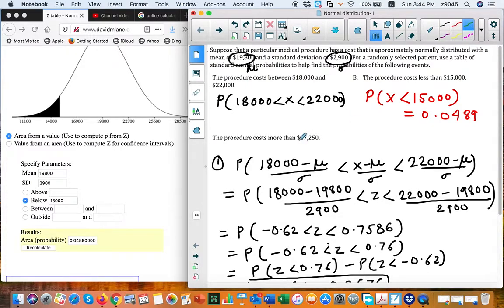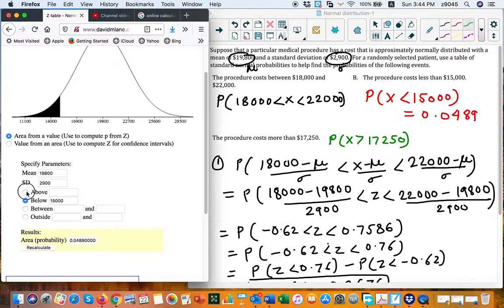Similarly, if we want to calculate the procedure cost more than 17,250, so probability of Z, not Z, it's X actually, probability of X greater than 17,250. So if I want to put the values here, mean and standard deviation same, and this is going to be above.